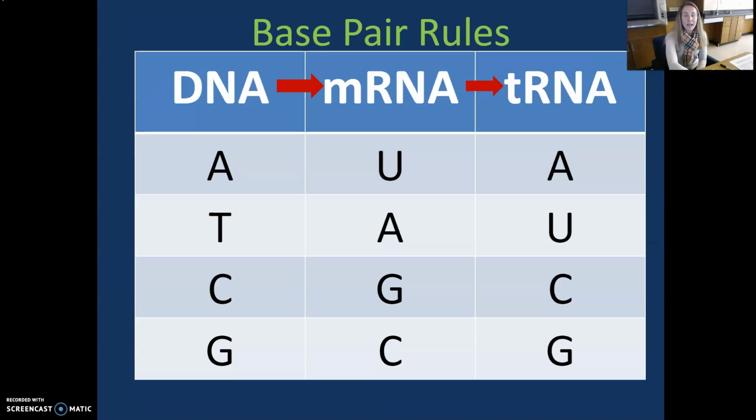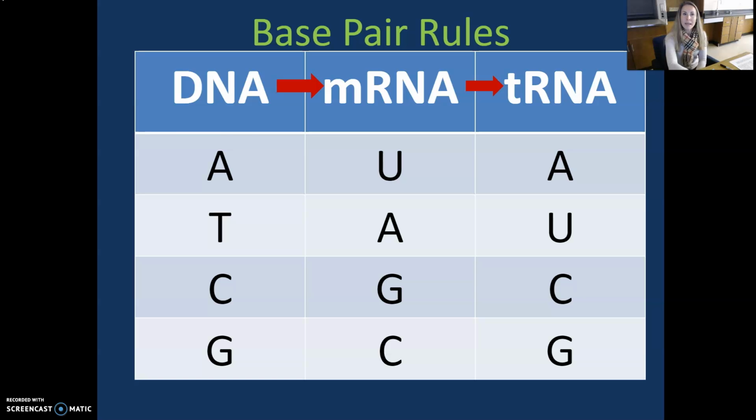So our base pair rules for DNA, when we transcribe, so we're writing the message on mRNA, we'll see uracil. When we translate the message back to tRNA for the amino acid, it will be the complementary base pair. So mRNA brings the complementary bases to tRNA, and then tRNA matches the complementary bases from mRNA.